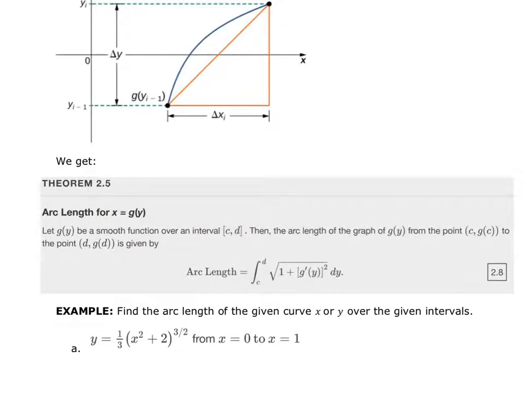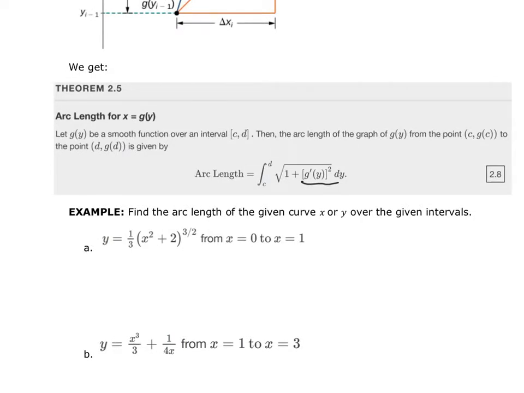So here's my other formula, in which my c to d are my y values, and notice that this is now with respect to y. Either way, what we want to do is first find the derivative of the function, and then it'll be 1 plus that derivative squared dx from whatever our a to b is.